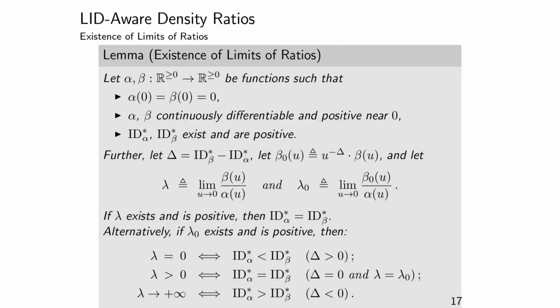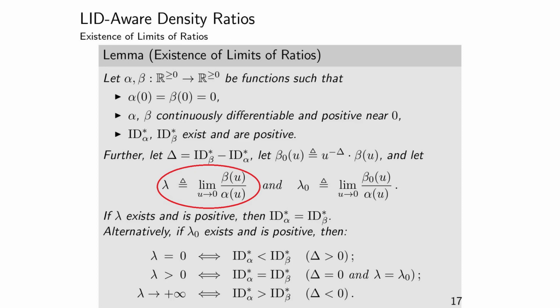The first result is just a technical lemma, which I'm stating here on this slide, but let me draw your attention to the parts of it that we need. We have two functions, which are assumed to take value 0 at 0, and thereafter, in the vicinity of 0, they're assumed to grow positively, and we also assume that their intrinsic dimensionalities exist.